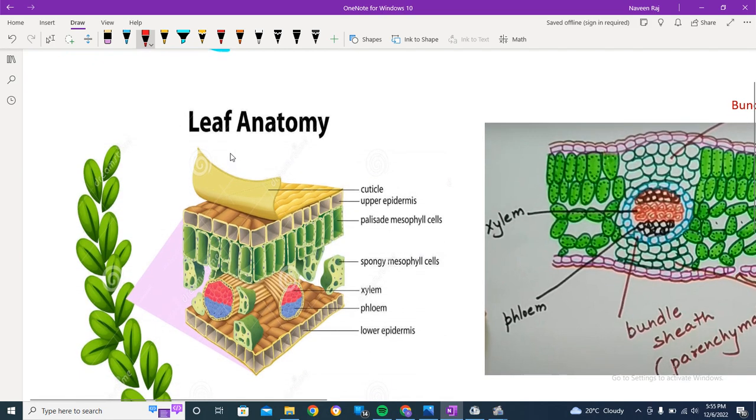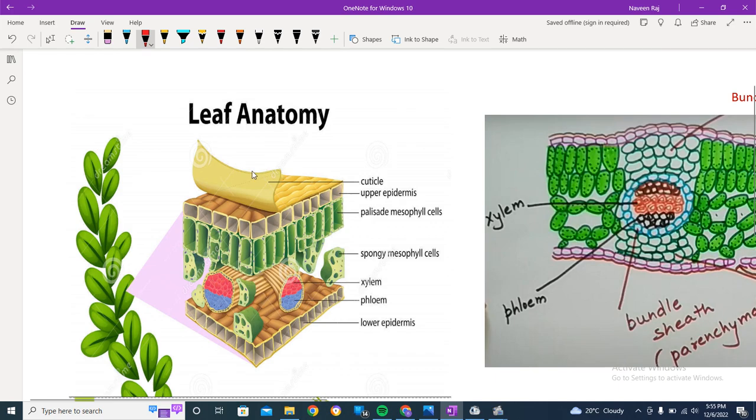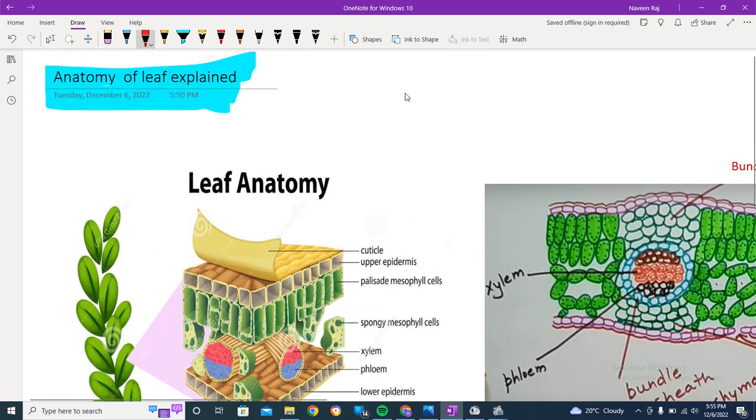Okay, so first of all, in a leaf, this is a cut section of a leaf. Suppose you have a leaf like this, and you cut the leaf. You cannot peel the leaf, since the leaf is very thin, but you take a scissor and cut it off from here.